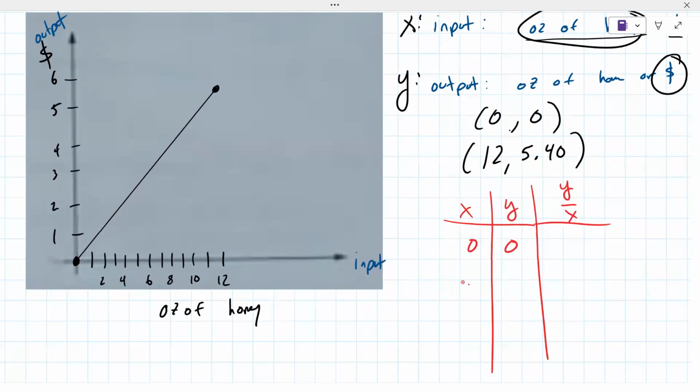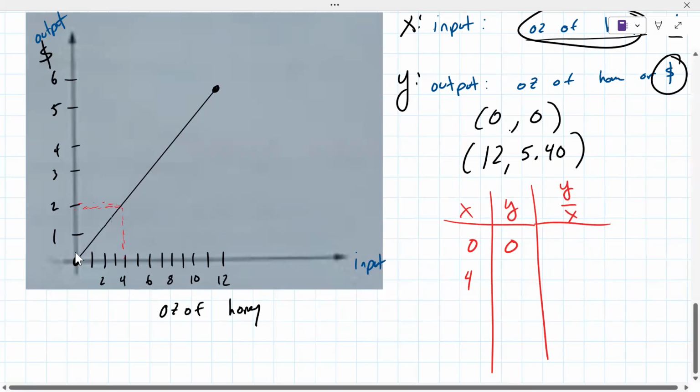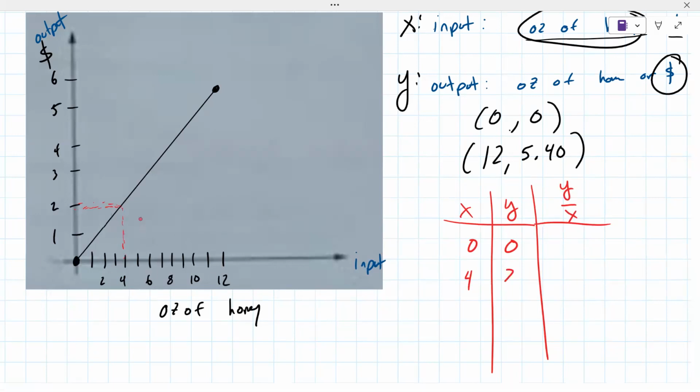So we know at 0, it costs 0. Let's say you wanted to buy 4 ounces of honey. How much does that cost? Roughly, it doesn't have to be exact. $2. $2, that's fine with me.